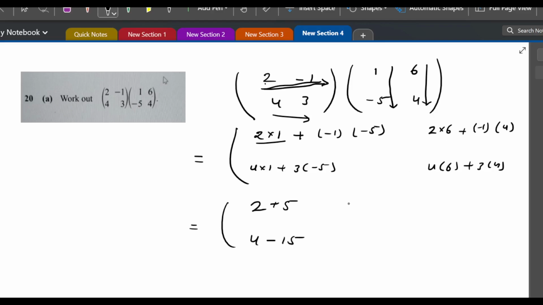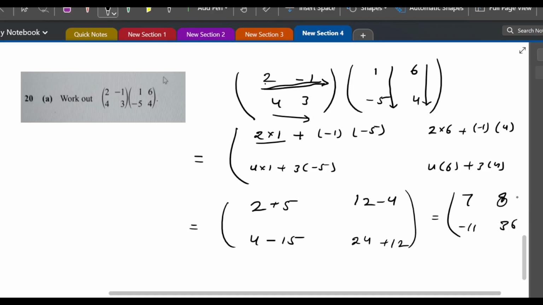Here 2 sixes are 12 minus 4, and here 6 fours are 24 plus 12. Then I simplify it. 5 plus 2 is 7. 12 minus 4 is 8. 4 minus 15 is minus 11. And 24 plus 12 is 36. So this is how the matrices are multiplied.